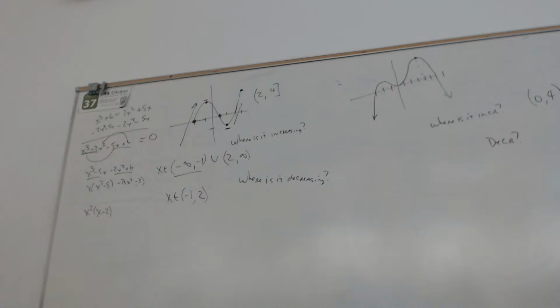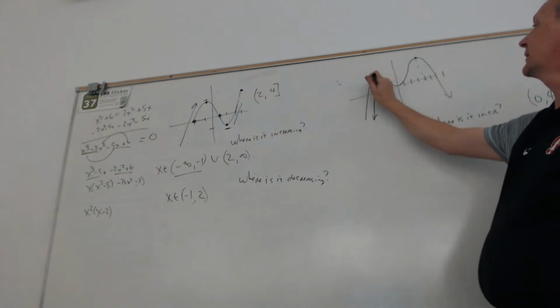Would it be a union or intersection here? Union. I'm getting tripped up by the arrows pointing down. The arrow's pointing down, but it's going up in this direction, right?